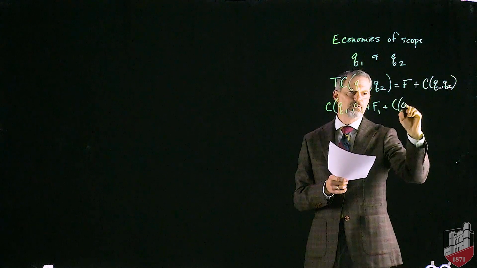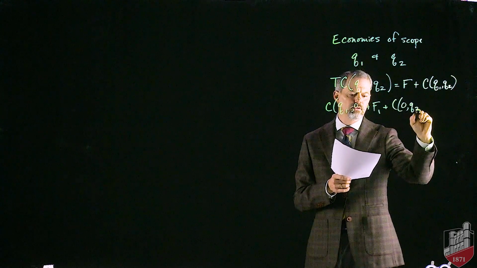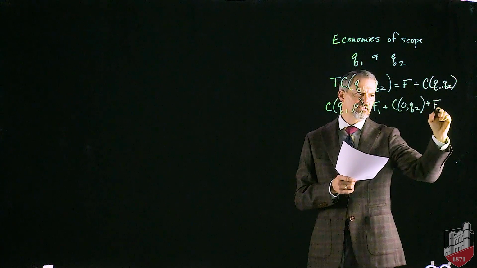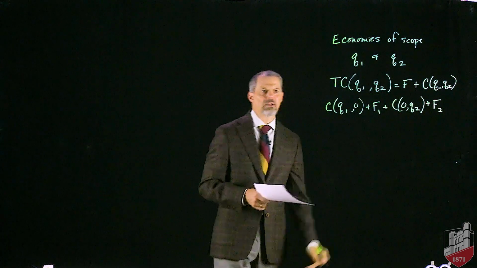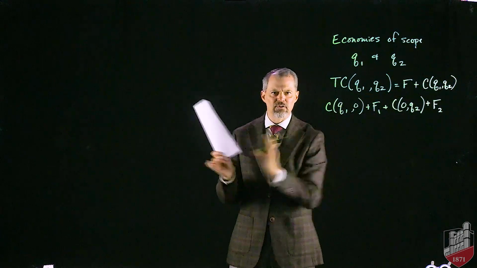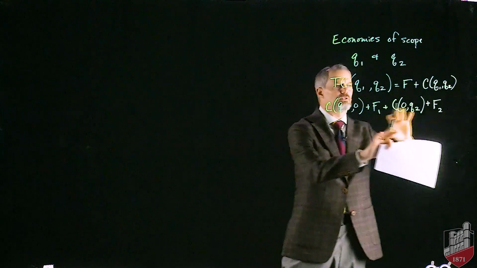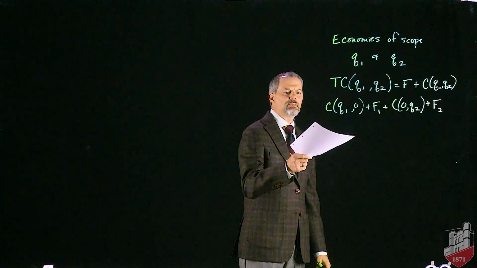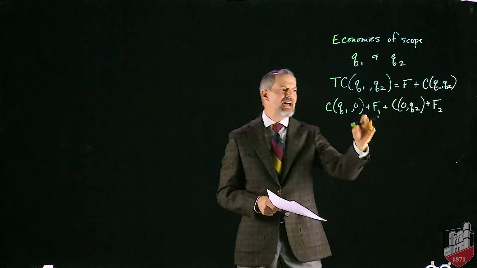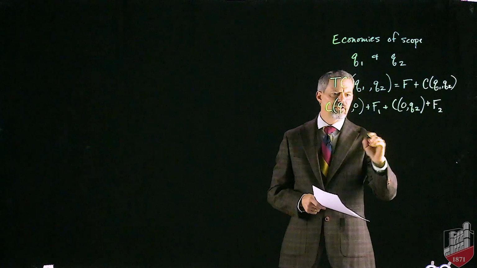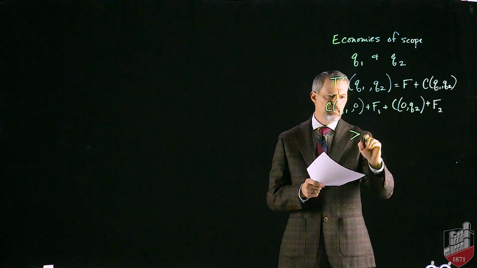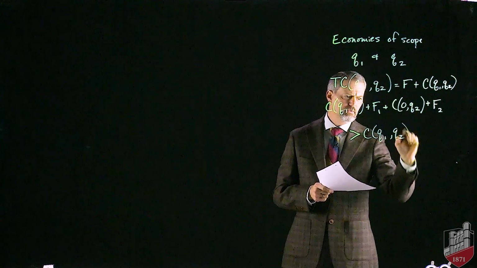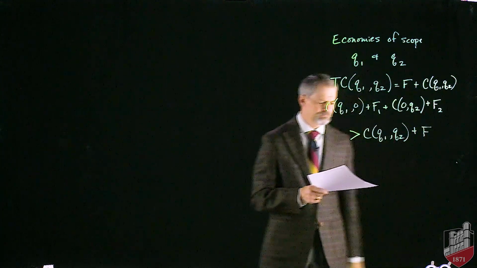So now we have 0 Q1 and just Q2, but there's going to be a fixed cost associated with that. So if we're now producing Q1 in its own separate facility and Q2 in its own separate facility, we would say that economies of scope exist if that is greater than the cost of producing them together. Q1, Q2 plus F.